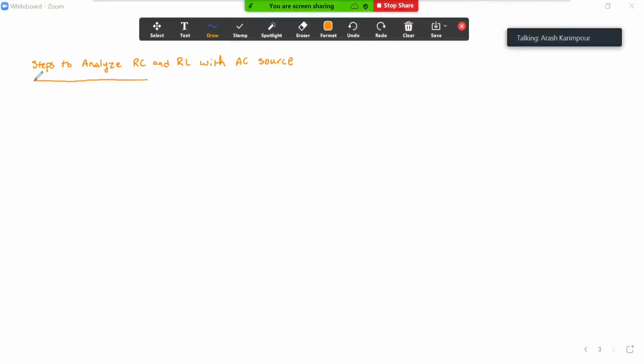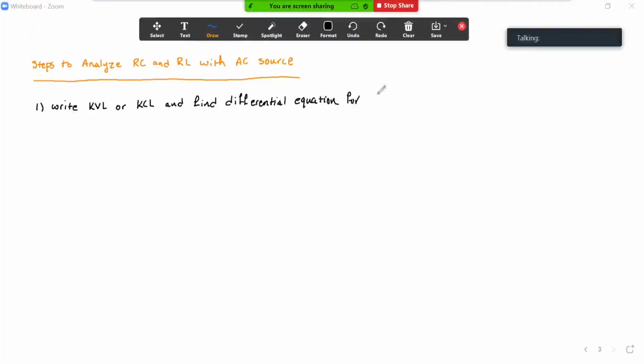So let's get what steps we will have to take to do that. Write KVL or KCL and find the differential equation for the system, so for the circuit.